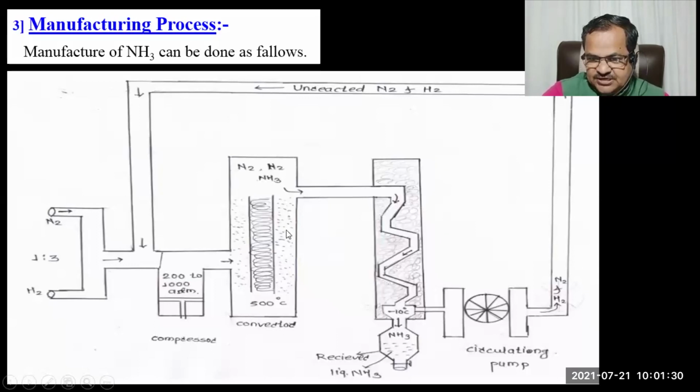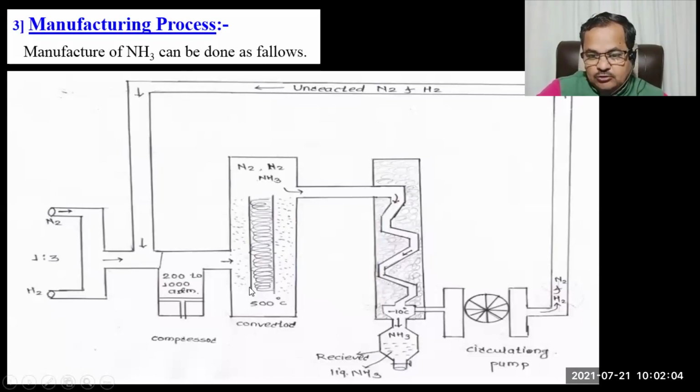And around this heating coil, there is a catalyst, that is Fe. And in this catalyst, molybdenum powder is also mixed. Here Fe acts as a catalyst, while molybdenum acts as a promoter or catalyst of catalyst. So in this converter, at the central part, there is an electric coil which is heated up to 500 to 550 degrees centigrade.